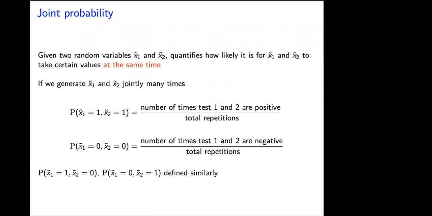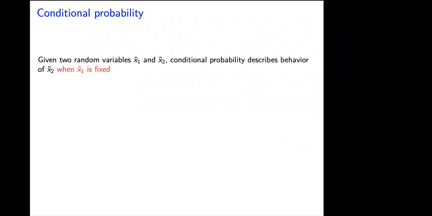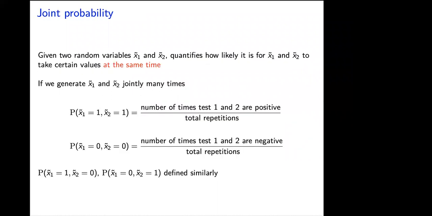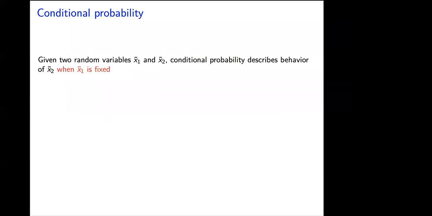Then the probability that one of them is 1 and one of them is 0 is going to be the same regardless of which one is 1 and which one is 0, because we're generating them randomly. Although, it depends on how you're sampling X1 and X2. Maybe these are actually different random variables in some settings.